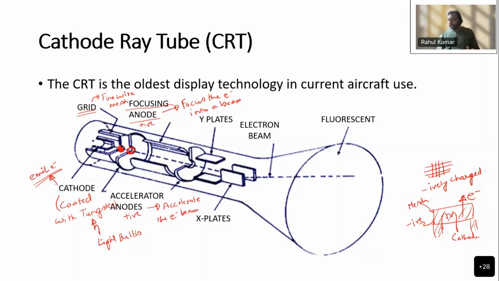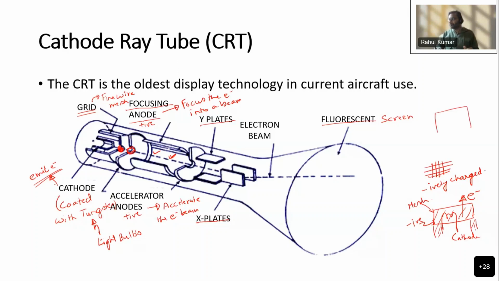Then we have the X and Y plates. So basically you have this beam of electrons which is coming out, and then you have a fluorescent screen. To hit the screen at different points, you have to adjust the beam along the X and Y directions.